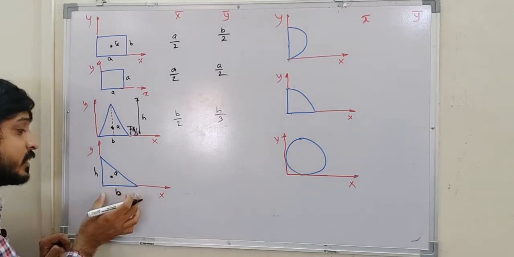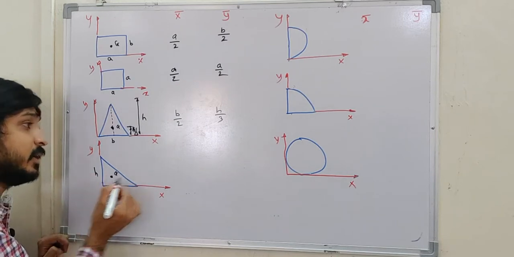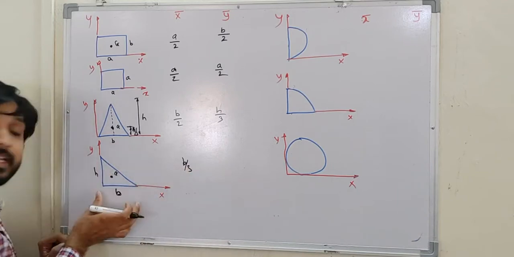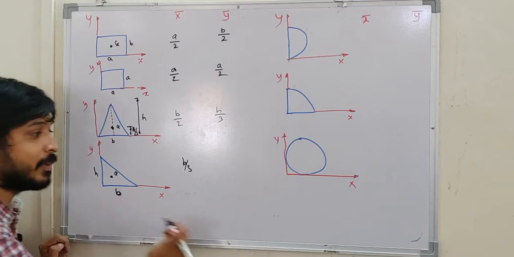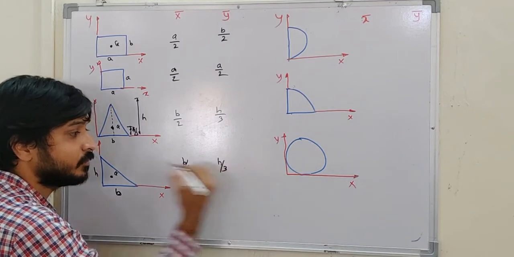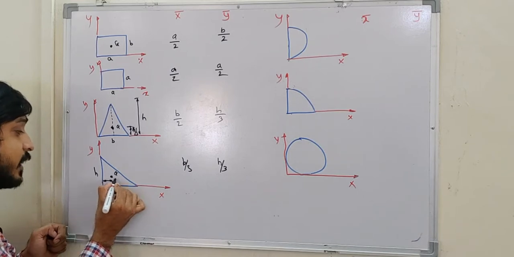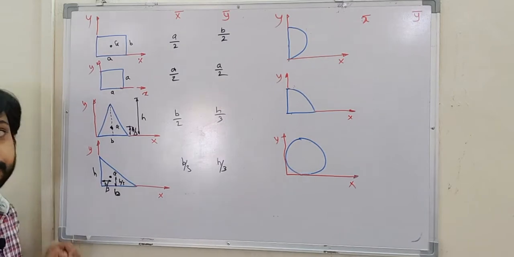B is the base width and h is the height of the triangle. Now tell me, this will be B by 3, because there is no symmetry in this triangle, right? And this will be h by 3.